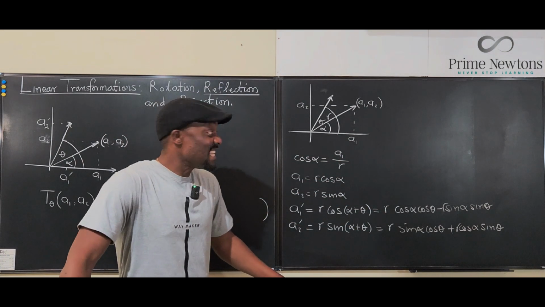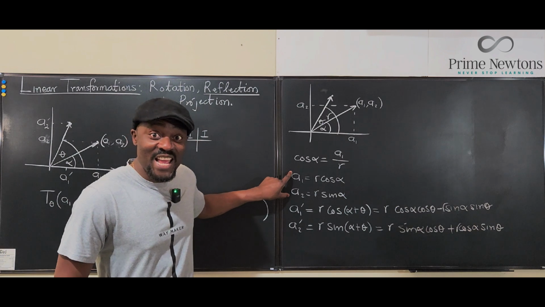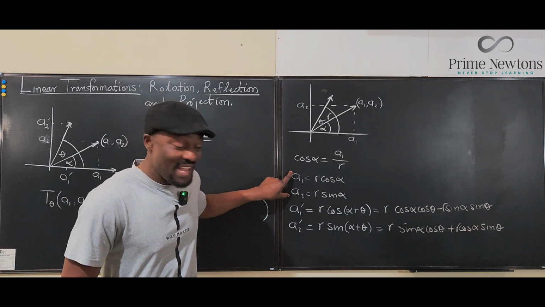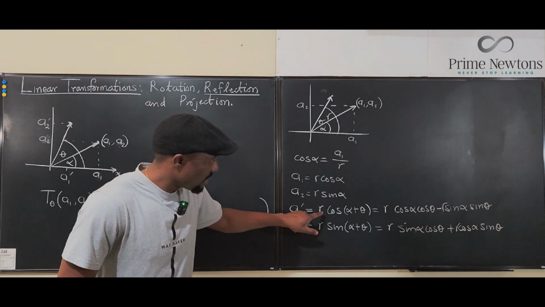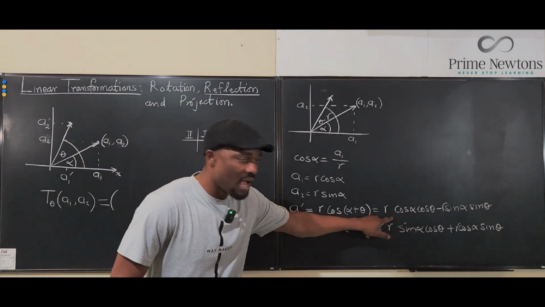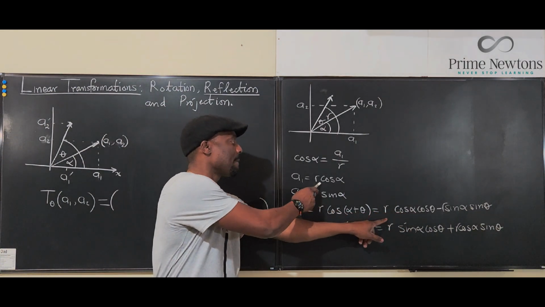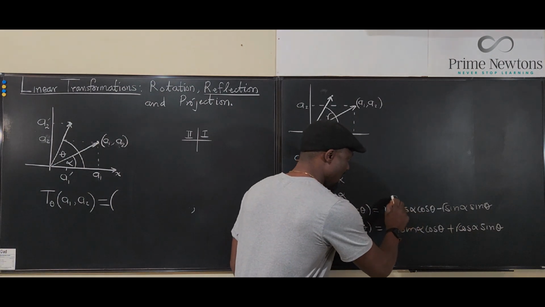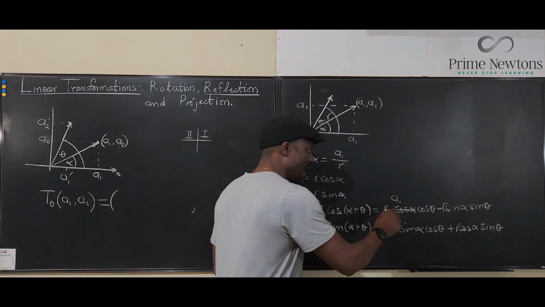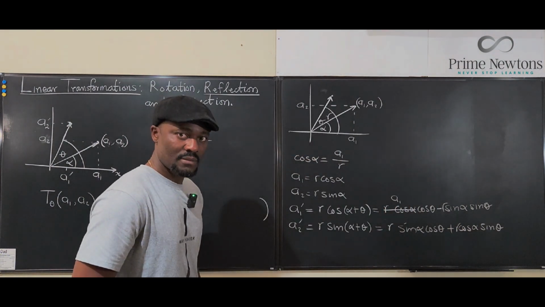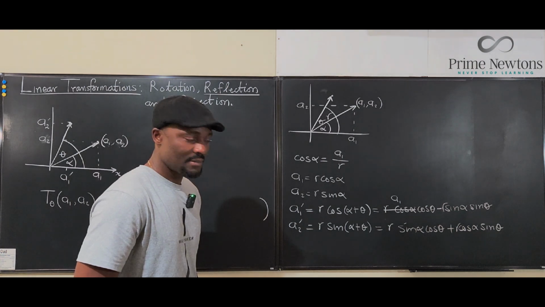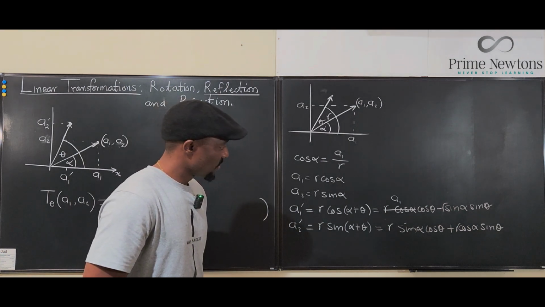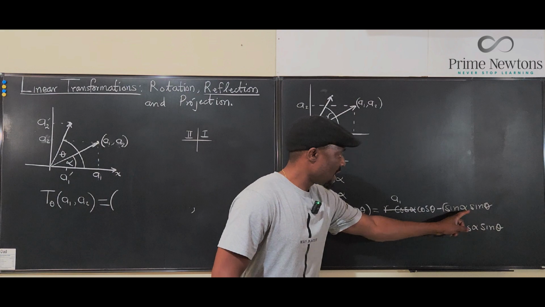But our life is easy because of what we found initially. Look, what is R times cosine alpha? Ta-da! It's A1. So I can cancel this out and write A sub 1. What is R sine alpha?